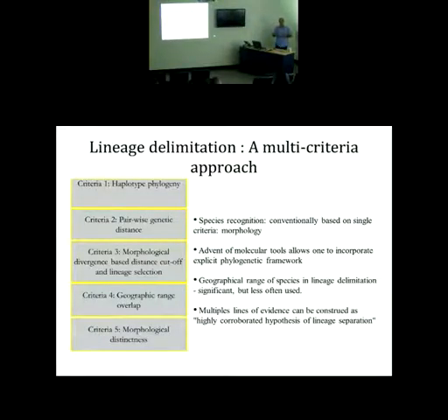And that allowed us, in step 2, to make those genetic comparisons with the closest relative of each individual lineage. We then used morphological divergence-based cutoffs for lineage selection, which is standard, but we also used geographical range overlap as a criterion.